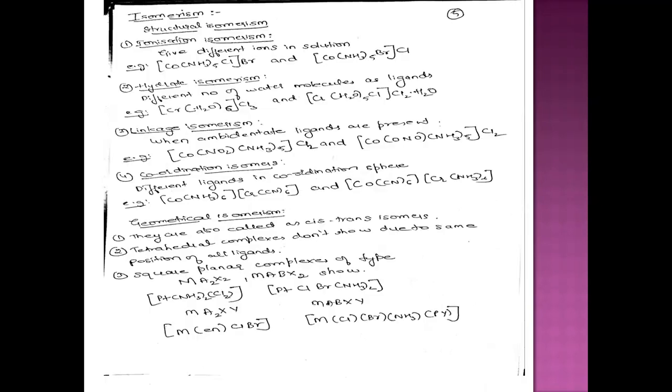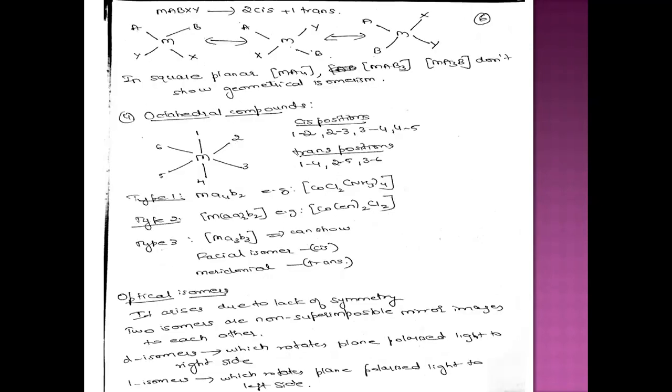In square planar complex, okay, MA2X2 shows cis and trans isomerism, MABX2 shows cis and trans isomerism, MA2XY, where A is the bidentate ligand, it also shows isomerism. Similarly, ABXY, it shows two cis and one trans isomerism.